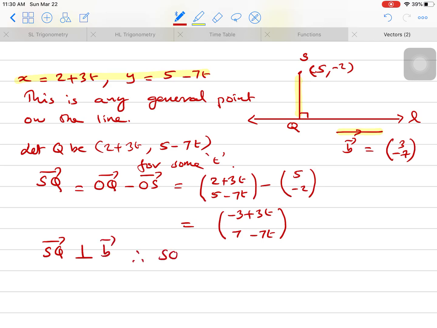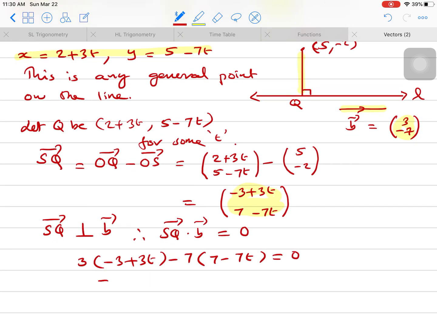Therefore, SQ dot B has to be equal to 0. So I look at my SQ and B and take the dot product. B is 3, negative 7, SQ is this. Multiply the i coefficients: 3 into minus 3 plus 3t, minus 7 into 7 minus 7t is equal to 0.